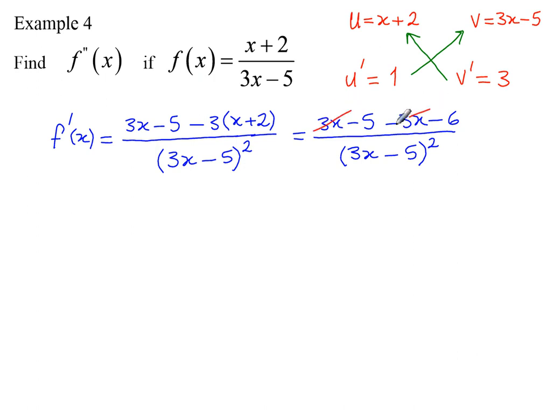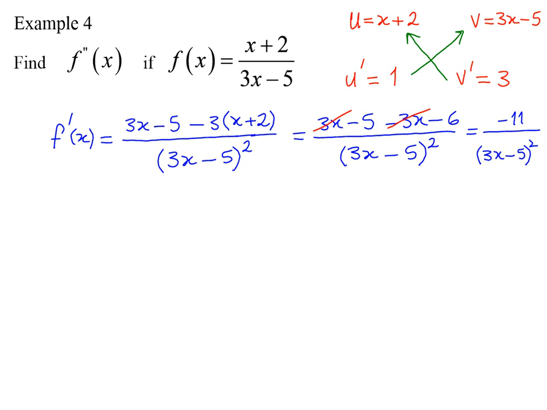And then the positive 3x and the negative 3x cancel each other out, and we get negative 5 minus 6 is negative 11 over 3x minus 5 whole squared. So this is the first derivative in its simplest form.